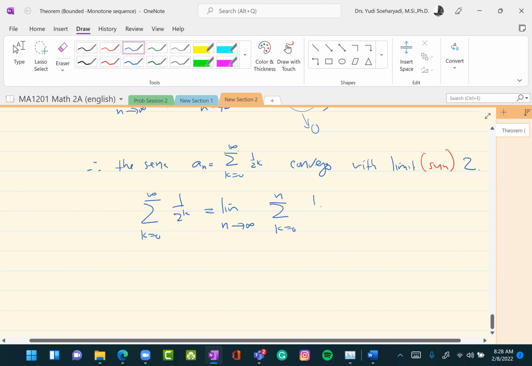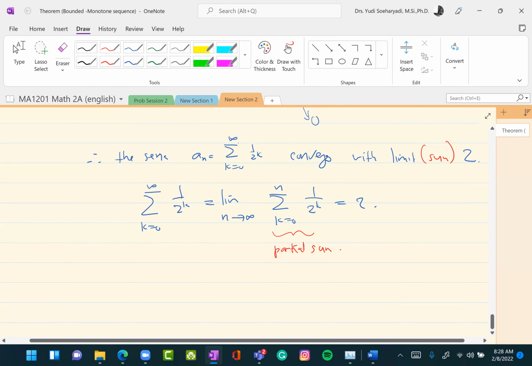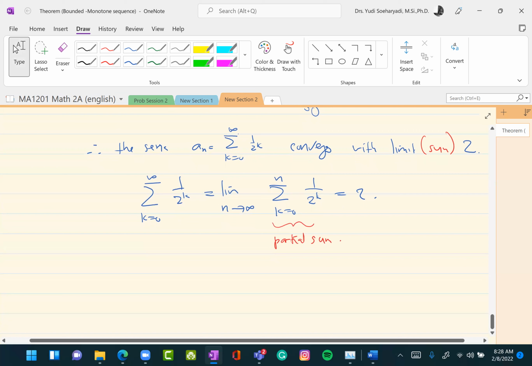And right? Yeah, this is a partial sum. Okay, questions?